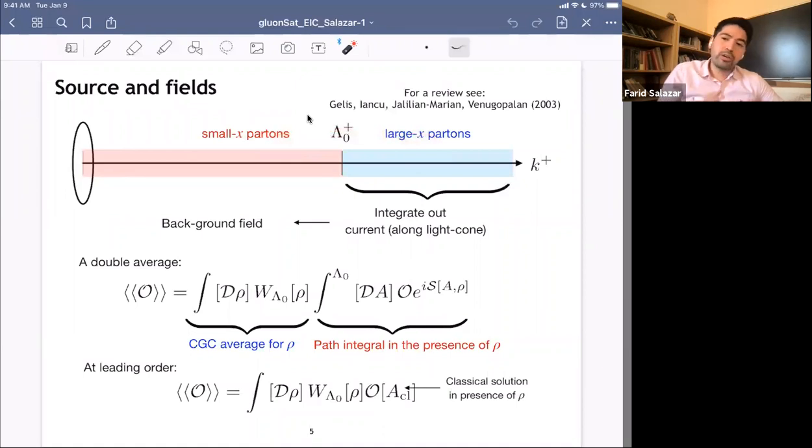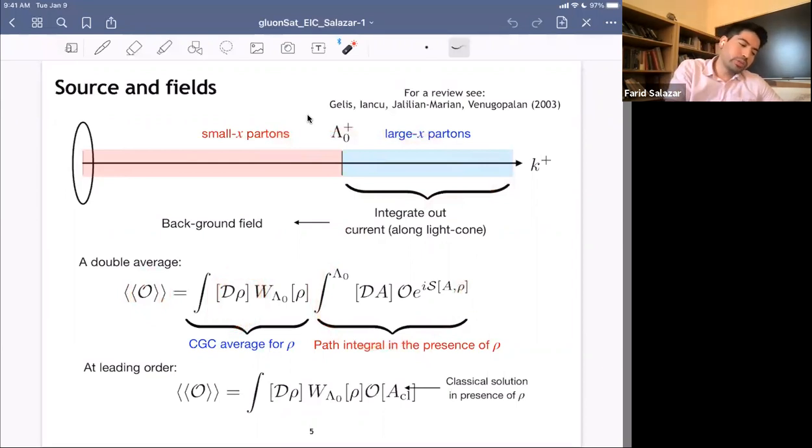So for a fixed set of sources, which represent these degrees of freedom that have been integrated out, you solve the path integral associated and you compute the observable that you want. And then you average over different configurations of these sources.